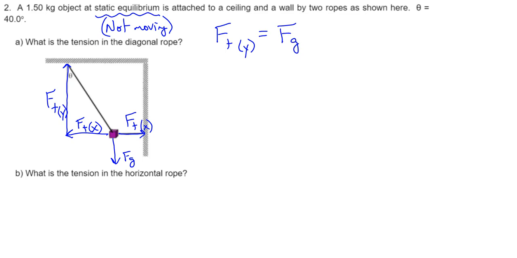The force of tension in the x direction of the diagonal is equal to the force of tension in the x direction of our horizontal rope.